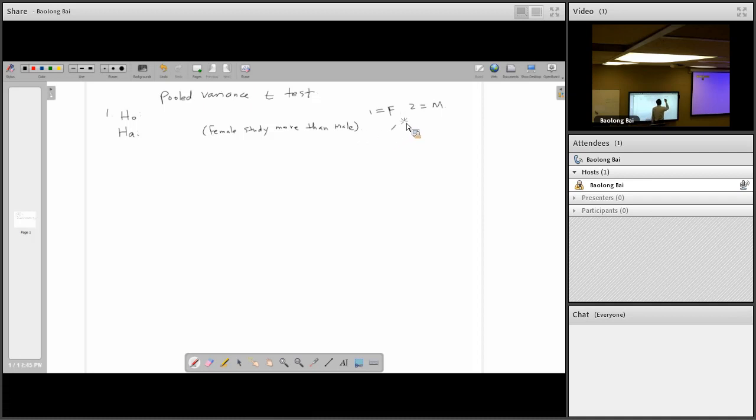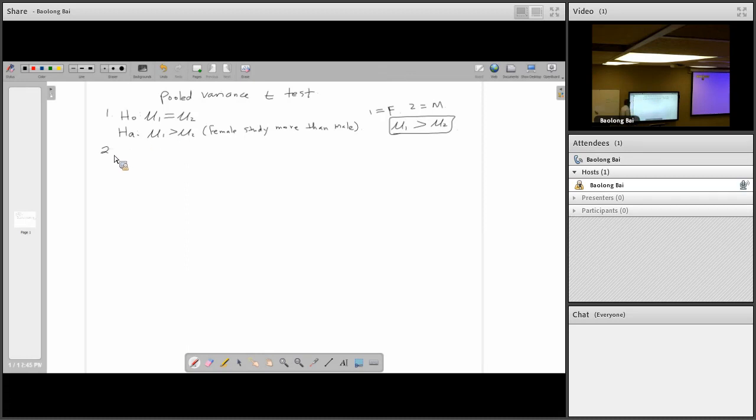So you have mu1 represent female, you have mu2 represent male, and obviously this is your claim. So that will be your hypothesis: mu1 is greater than mu2. Then the null hypothesis, mu1 is equal to mu2, so women study the same as males.